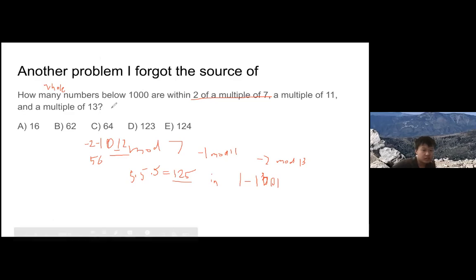Since we're restricted to numbers below 1,000, that means that 1,000 and 1,001 should not be included in our count if they work. Both of them are within 2 of 1,001, which is a multiple of all 3 of these. So that means that we should subtract out each of those. So we have to subtract 2 from 125. That gives us 123. So that's our answer.